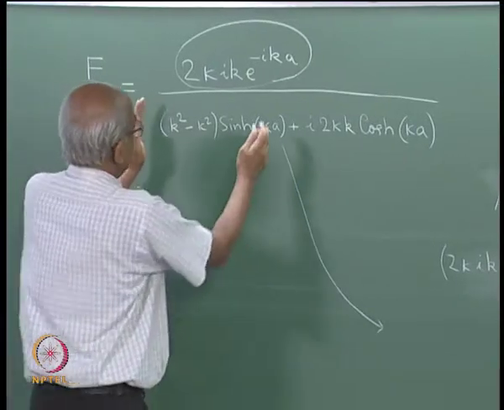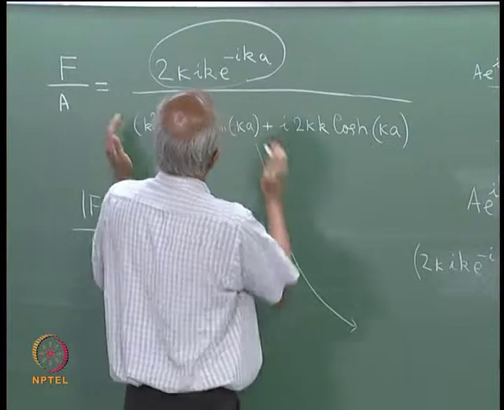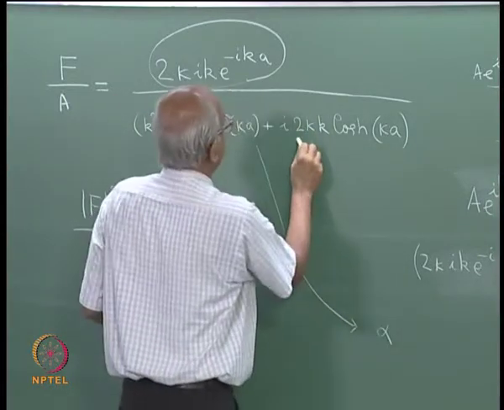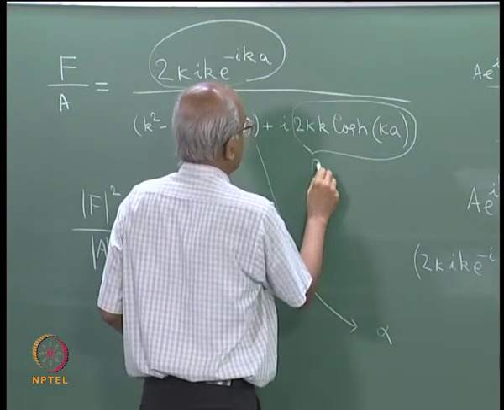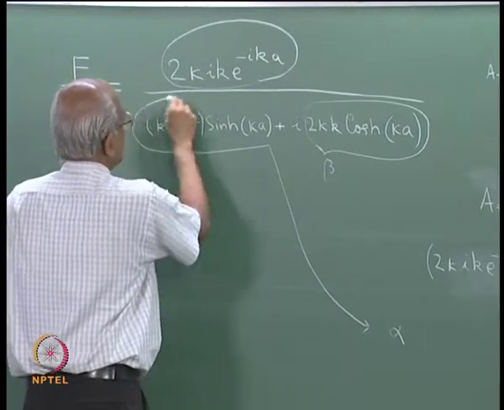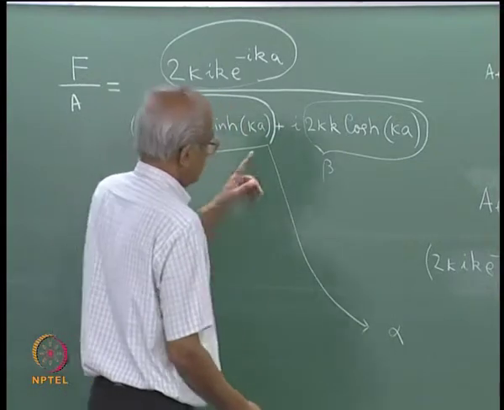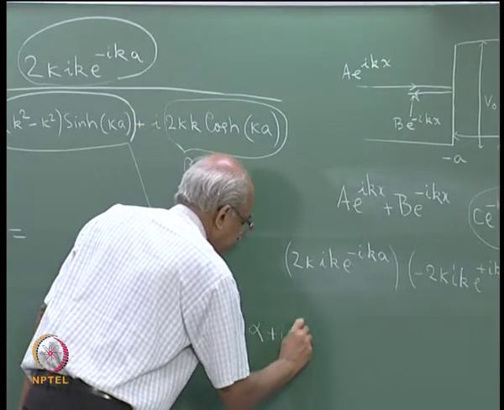Notice that this is actually of the form some constant, which I may refer to as alpha, and another constant which I shall denote as beta. Well, this part I am denoting as alpha and that part as beta, so therefore it is of the form alpha plus i beta.